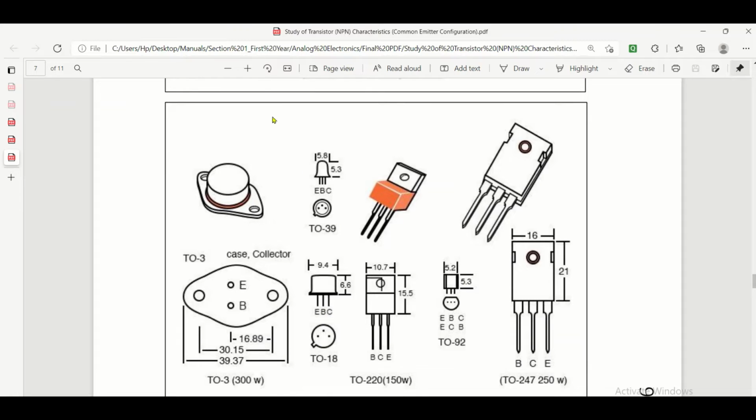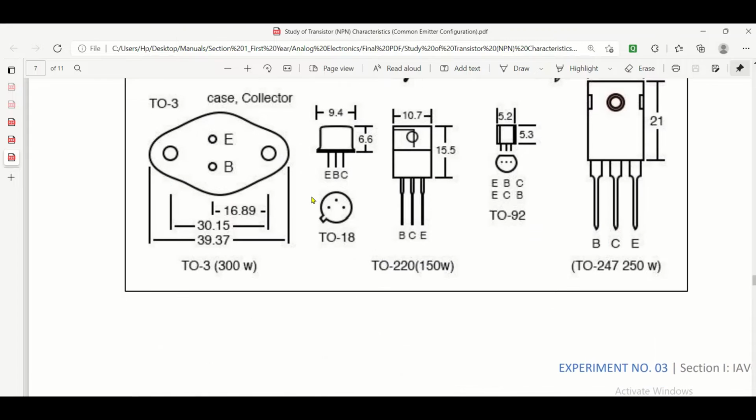With this TO18 package you can find one notch. The terminal that is nearest to the notch is the emitter terminal. After that, if we move clockwise, the first one is emitter, then base, and finally collector.